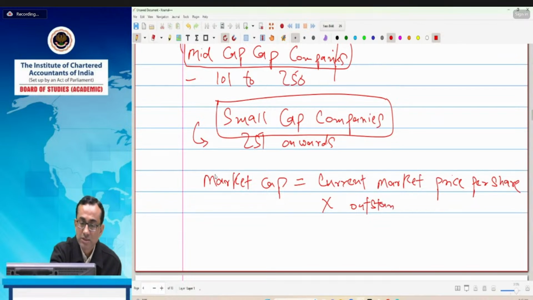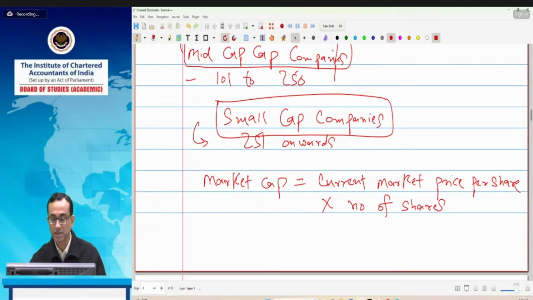Or, to use more precise language, into number of outstanding shares, you can say number of shares. That is the market capitalization.